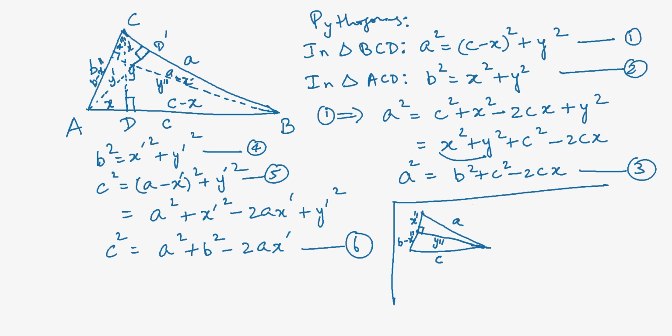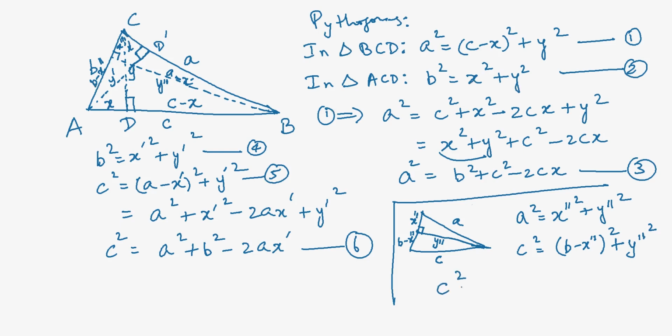Yes, sir. So a squared will be equal to x double prime square plus y double prime square, right? And c square would be b minus x double prime whole square plus y double prime square, right?